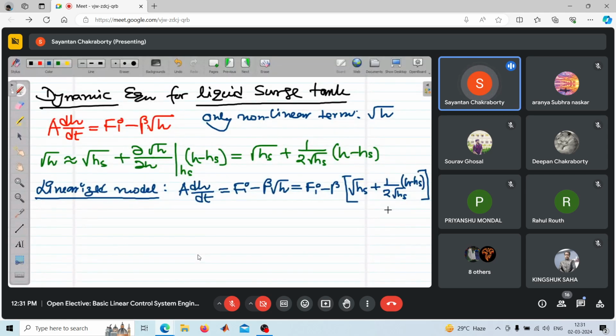So after suitable manipulation, you can write it finally as a differential equation in h.